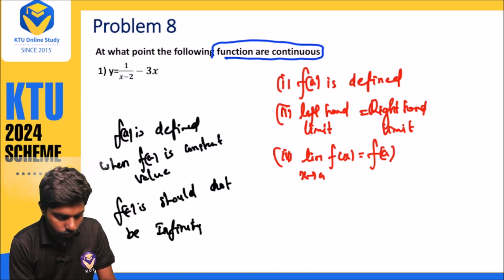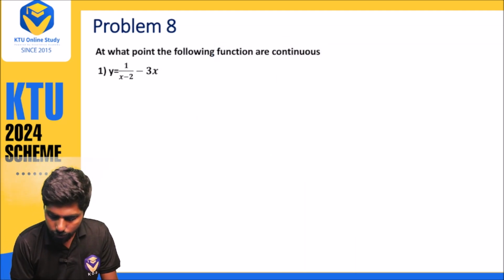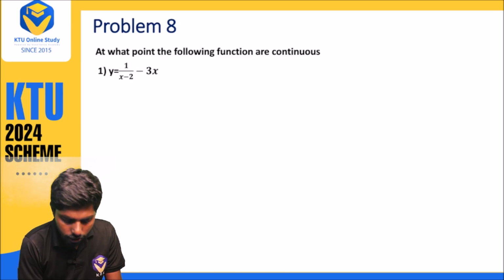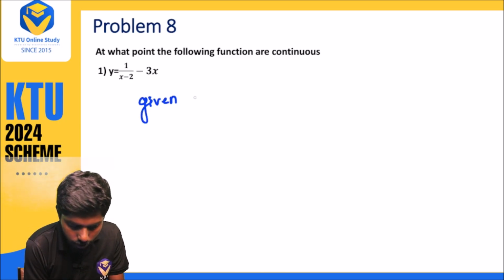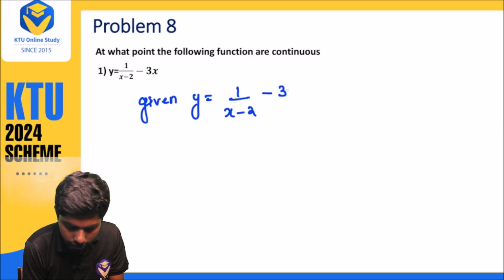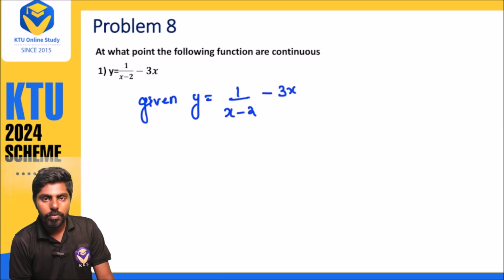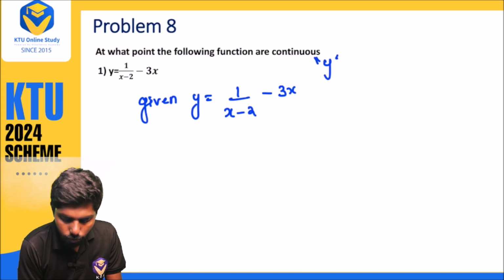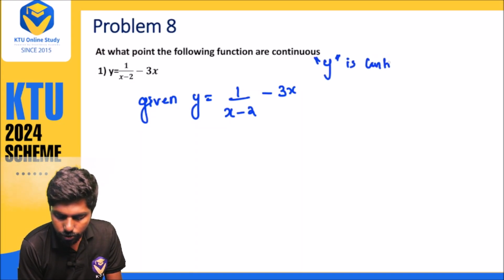Okay. So we will see in a problem. They have given y is equal to 1 divided by x minus 2, minus 3x. They are asking at what point y is continuous.